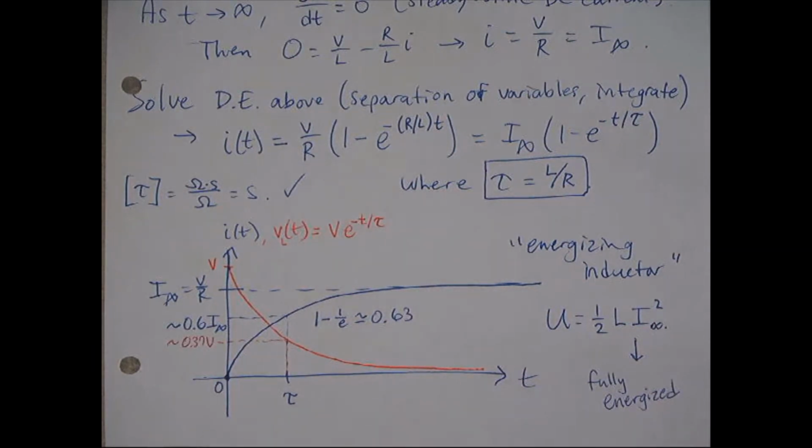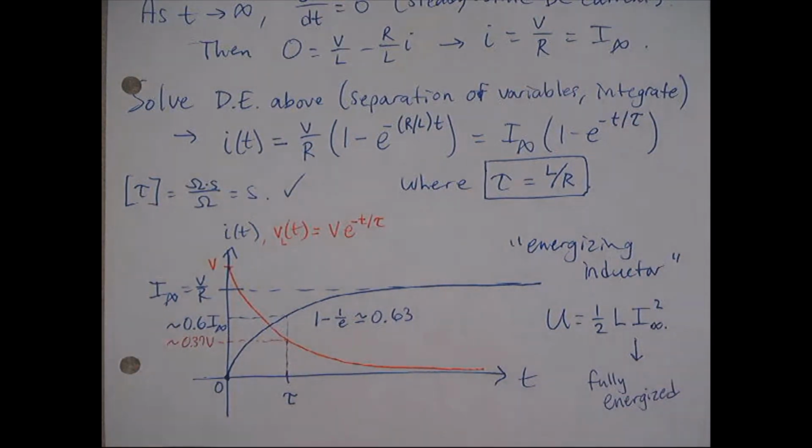inductor volume. The time constant here, you should be careful, is not R times L, it is L divided by R. You'll recall that L has units of ohms times seconds, that's a Henry. Dividing a Henry by an ohm gives you seconds for your time constant.